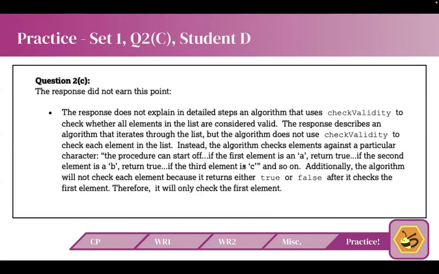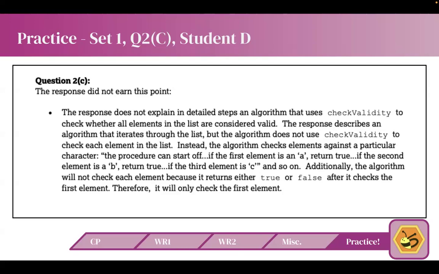Okay, so here's the AP answer. It says the response does not explain in detailed steps an algorithm that uses check validity to check whether all elements are considered valid. The response describes an algorithm to iterate through the list, but the algorithm does not actually use check validity to check each element in the list. Instead, the algorithm checks elements against a particular character.